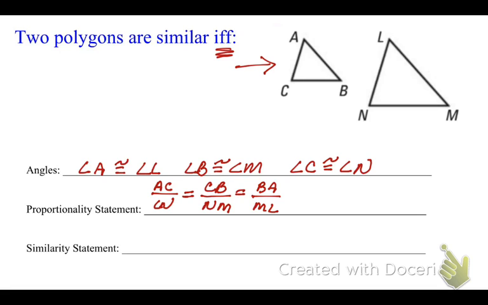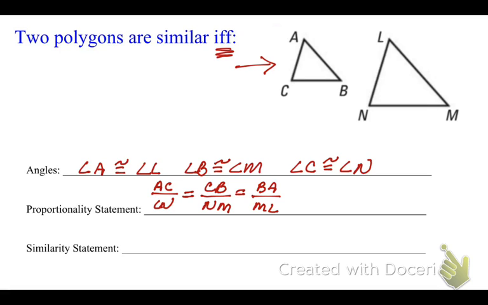Up to this point, we've had to show that all three sets of angles are congruent, and most of the time that's been given to us. But then we've also had to show that the corresponding sides are all proportional, and sometimes those have had a variable in them, and we've needed to find the value of that variable.